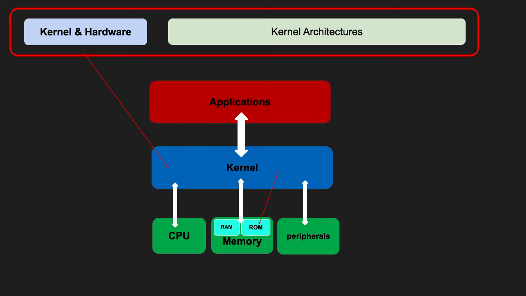The upper part here, kernel and hardware, is the last lower layer of the architecture, wherein the important part of this layer is the kernel. And then the kernel has the ability to talk to the application, and also the ability to talk to the hardware, to the peripherals, to the memory, and to the CPU.